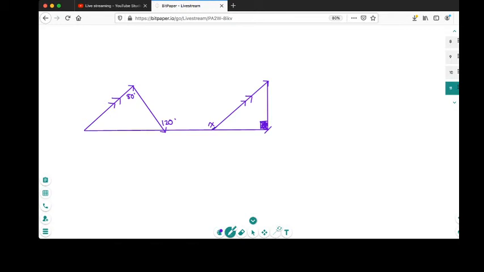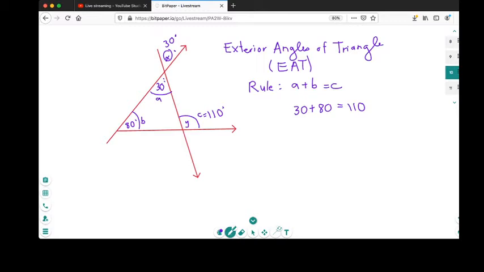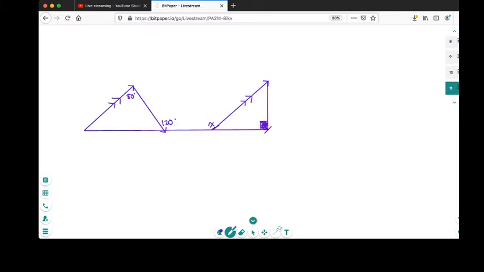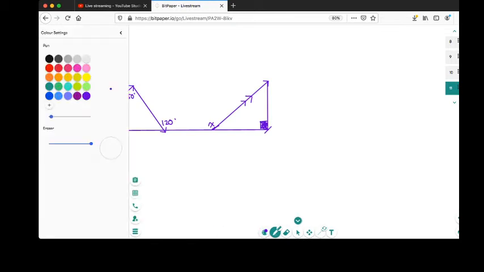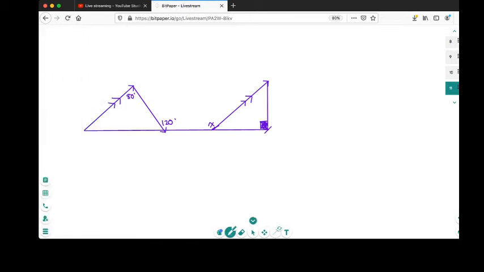Okay, so using our exterior angle rule, EAT, which we learned here, remember that the two angles in the triangle that are opposite the third angle, but on the other side. I'll show you what I mean. So for example here, I'm going to use a different pen color because I'm fancy like that, you guys.